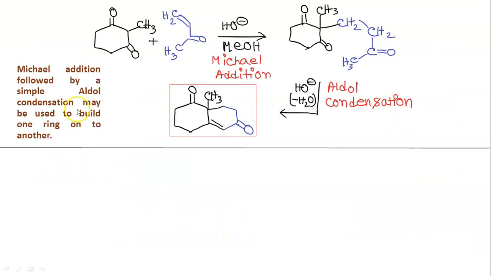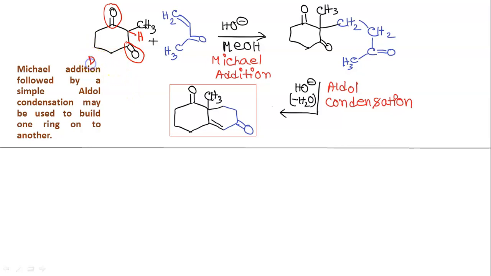Next we will see that Michael addition followed by a simple aldol condensation may be used to build one ring onto another. How is that possible? Here we do not actually have any active methylene group. We simply have this hydrogen, which, because of these two carbonyl groups, will be acidic in nature.